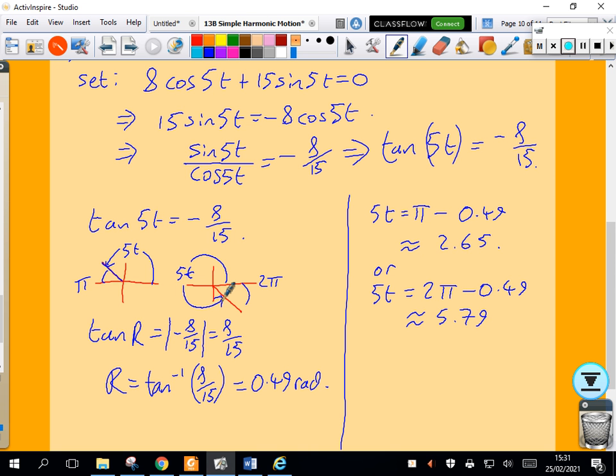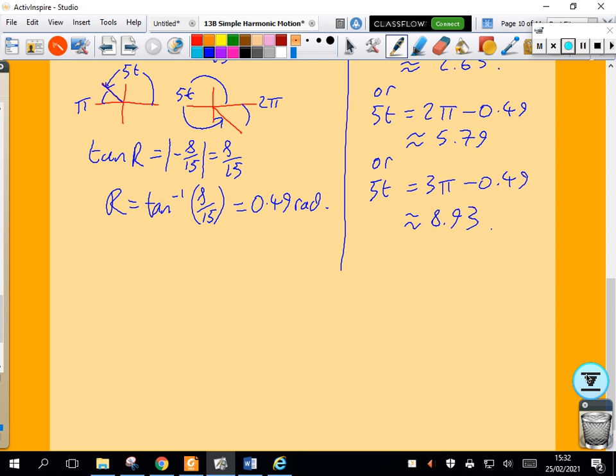Or the next one will be 2 pi plus another pi. That's going to be 3 pi minus the reference angle. And I'm getting there about 8.93. You might double check, I'm typing this into my calculator, 3 pi minus these things. Okay, so there are my possible values for 5t.